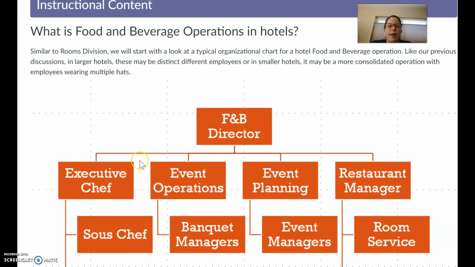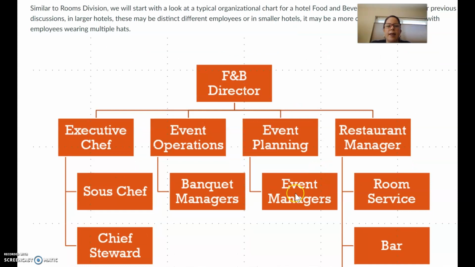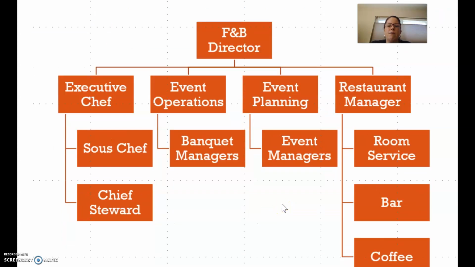Okay, and as I said, for food and beverage operations in a hotel, here's an example of what one might find underneath that particular category. Executive chef. Culinary, right? All of the preparation of the food that gets served. One of the highlights here that I wanted to point out is that the steward position could either fall under the executive chef, or in some places report directly to the director of food and beverage.